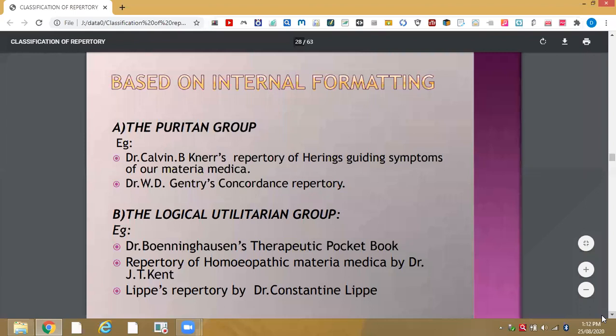Then the logico-utilitarian group, or logical utilitarian repertories. The name was given because of their arrangement and their utility value, because these repertories have their own principles and their own pattern of arrangement. According to their philosophical background, these repertories are arranged.